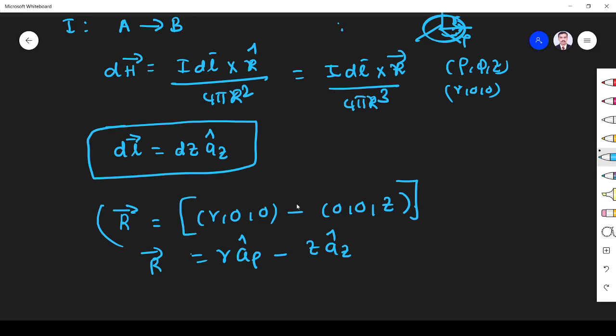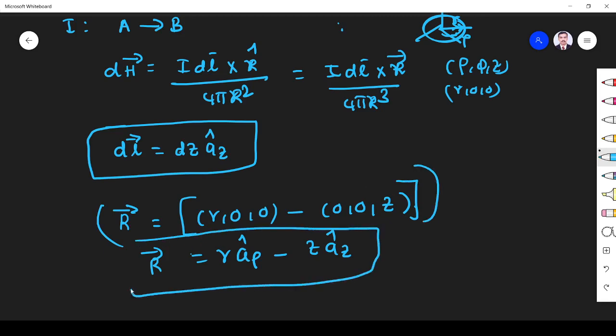Clear? So this is short. Why am I writing r vector like this? For the reason I have given, right? So r vector is equal to r into a rho minus z into az. Okay, now we got dl and r.